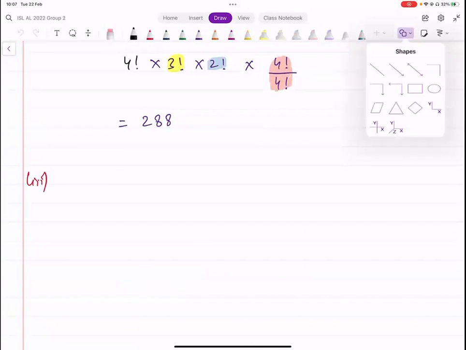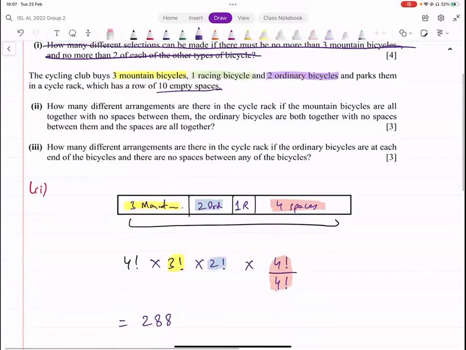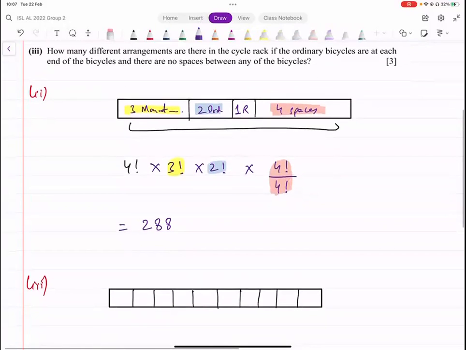Okay, let's think of it the same way as before. We had 10 spaces. 1, 2, 3, 4, 5. 1, 2, 3, 4, 5. So let's look at that condition.